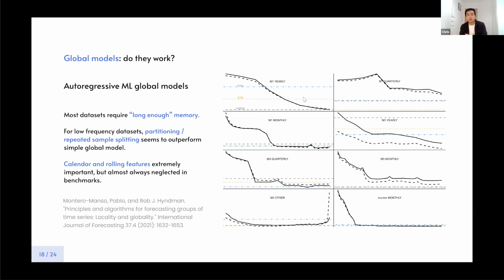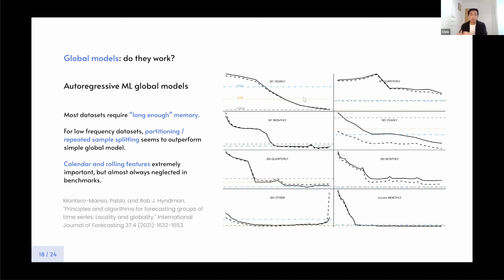And the last thing to really notice, and I think the benchmarks that Monash has done in forecastingdata.com are actually guilty of this, is that calendar and rolling features are extremely important for global models, particularly global models that use gradient boosted machines or random forest, so any sort of non-linear regression model under the hood.